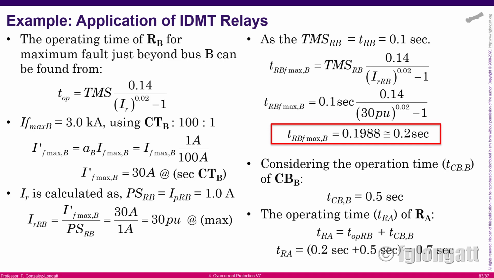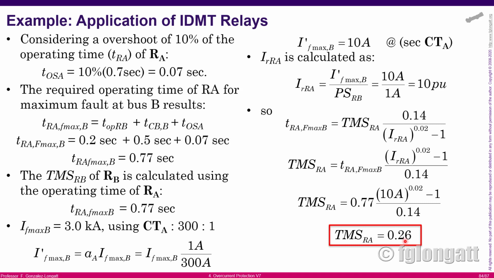Then we need relay A to provide backup to relay B. As a consequence, the minimum operating time should be 0.2 seconds coming from relay B plus 0.5 seconds coming from the circuit breaker, and at least 0.7 seconds are needed in order to say, okay, relay B and circuit breaker B must operate.